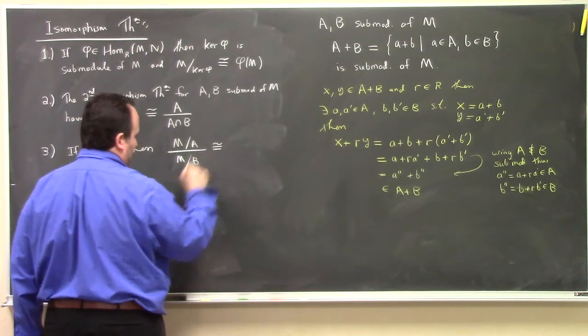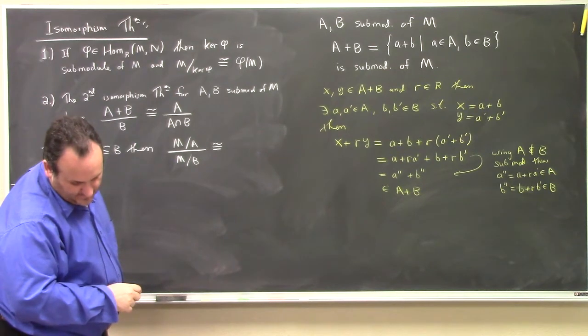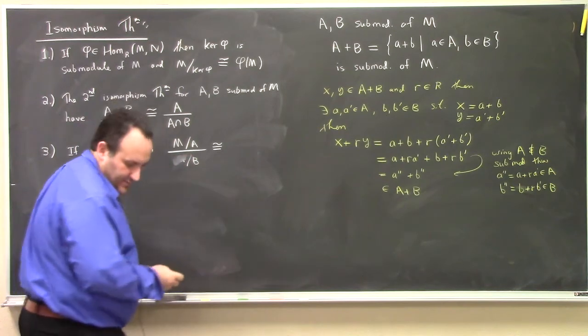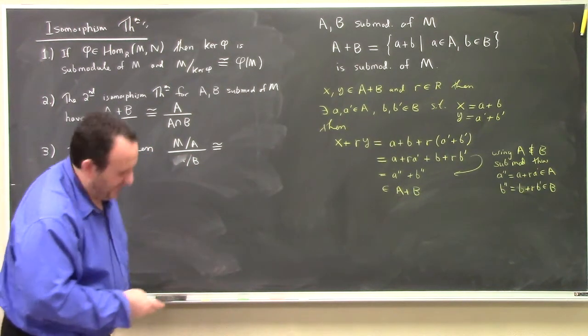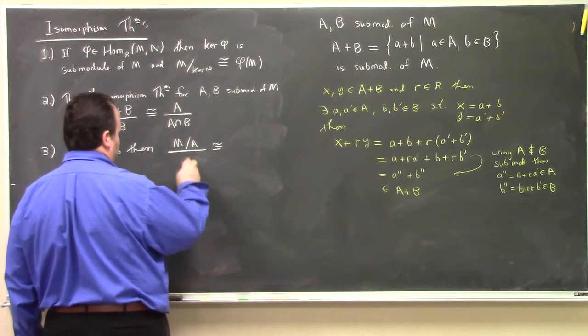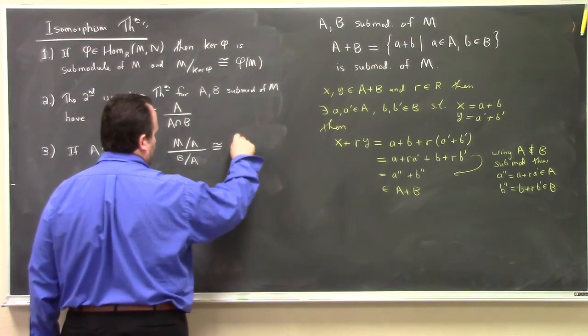Well, isomorphic to. Care to guess? Yeah, AB. Oh, I did it wrong. My bad. I can't read. Oh, B by A, not A by B. B by A. M mod B. Yeah, M mod B.